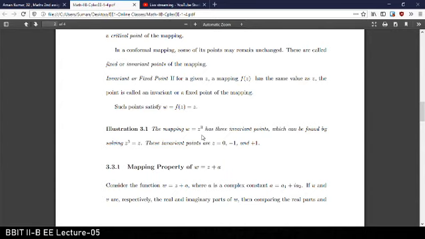What are the possible values? z equal to 0, z equal to plus 1, z equal to minus 1. So these 3 points after mapping will not change. These are the invariant points or fixed points of the mapping. Clear?